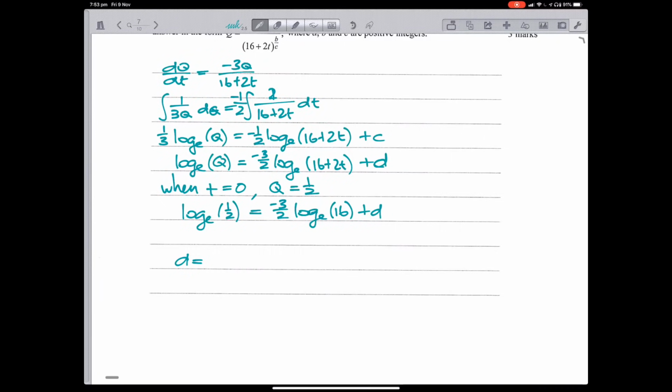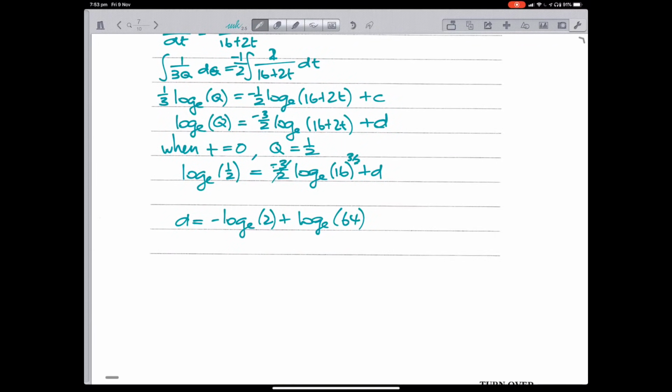D is equal to negative log e of 2, and then plus, that's going to go up and become the power, so 3 on 2. When I bring it over, it'll become positive. If I square root 16, I get 4, and then cube it, I get 64. So log e of 64. So therefore, d is equal to log e of 32, because 64 divided by 2.